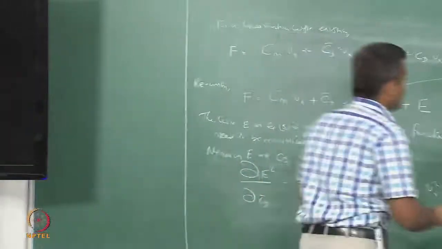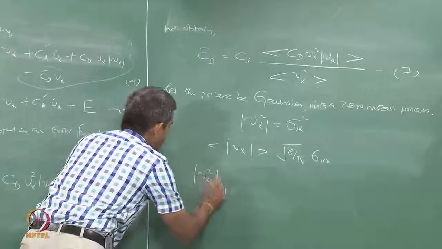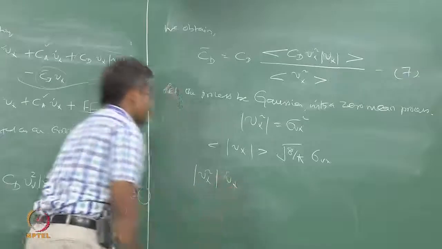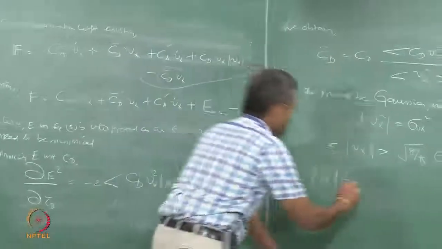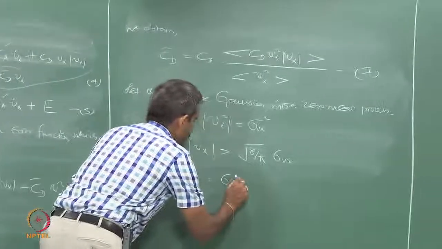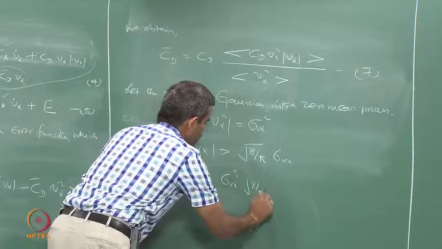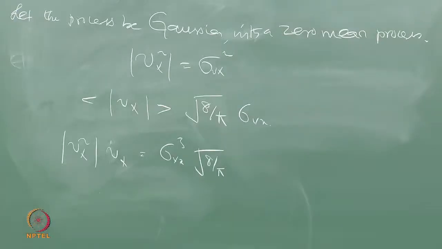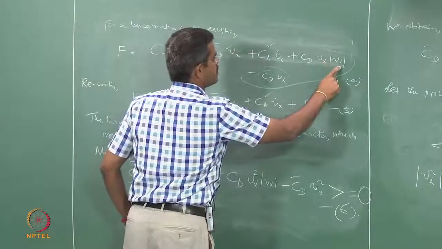Now, when you multiply Vx square with Vx, you get sigma Vx cube root 8 by pi. Okay. Now, here you may ask me a question, how are we eliminating the non-linearity term by introducing a higher order of sigma Vx.